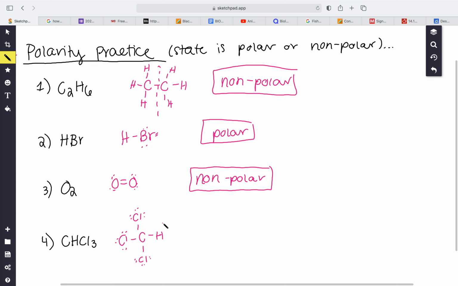Because there's something different, these are going to be pulling at the electrons more. So I'm going to say this is polar, purely because it's not being evenly shared, right? We have something that's strong, something that's strong, something that's strong, something that's weak. It's not going to be a fun situation for the carbon. It's all going to get pulled to one side, meaning that it's going to be polar.